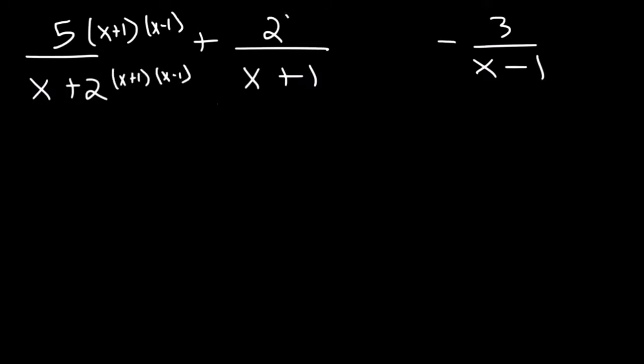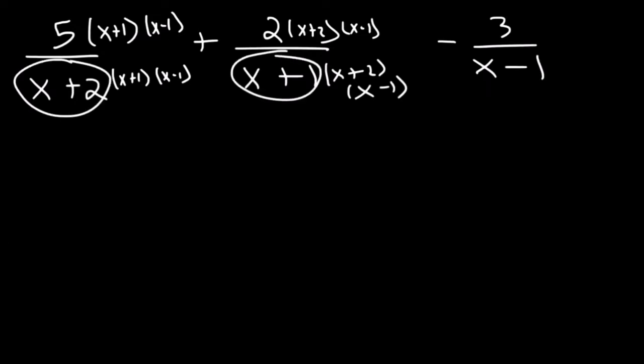Now we need to multiply the second fraction by the other two denominators. So that is x plus 2 times x minus 1, top and bottom. The last fraction, we're going to multiply by x plus 2 and x plus 1.